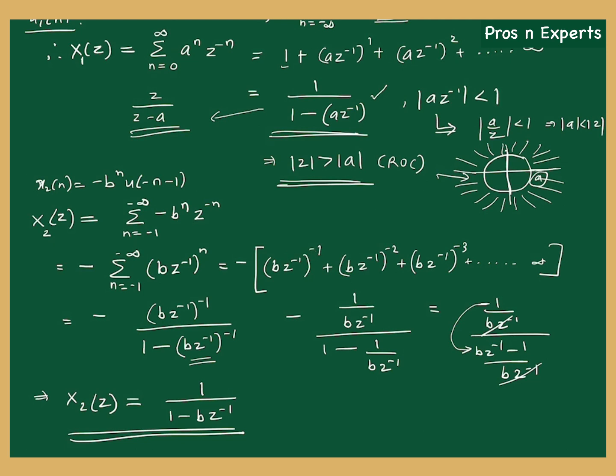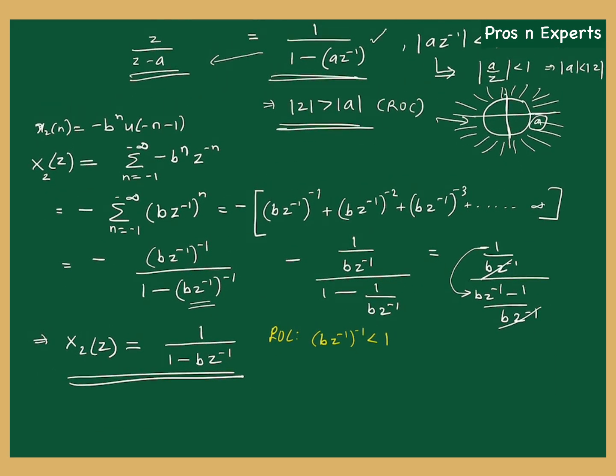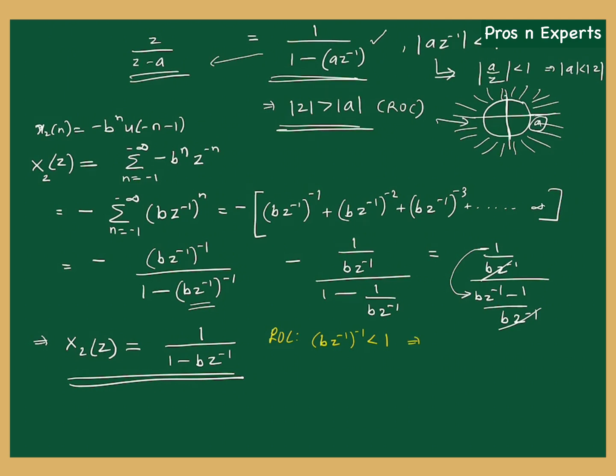So I can find the ROC as mod r less than 1, or b z inverse the whole inverse is less than 1. Or I can write b by z the whole inverse is less than 1. Or that means what is b by z the whole inverse?